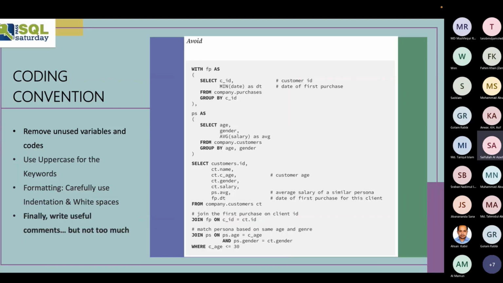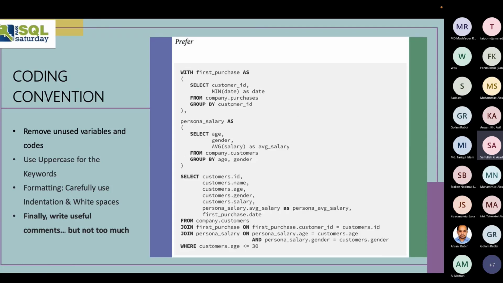Finally, comments. We must use comments for better understanding, but not too many, because too many comments also impact compilation. For example, a column name like CID is not understandable, so I use customer ID as a comment. We can avoid many such comments with a simple trick: use the column name customer ID, which is understandable.